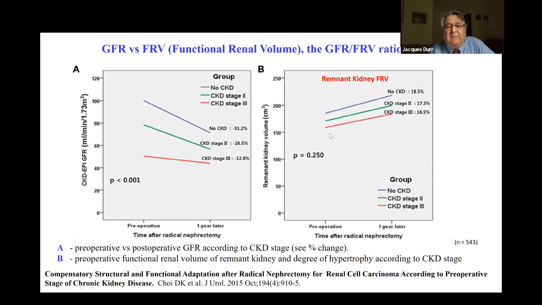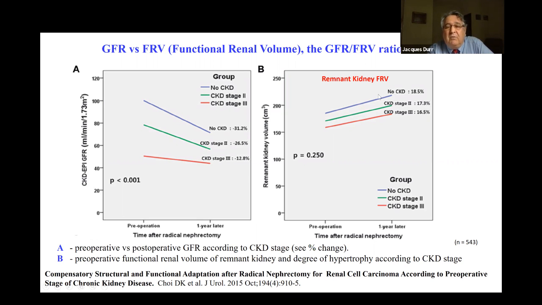But when you look at the functional renal volume of the remnant kidney, the functional renal volume being the healthy tissue as obtained by CT, looking at enhancement in the venous phase that allows you to measure and quantitate the renal tissue, as you see here from the remnant kidney you have about 200. The total is over 300 in volume if you measure both kidneys.